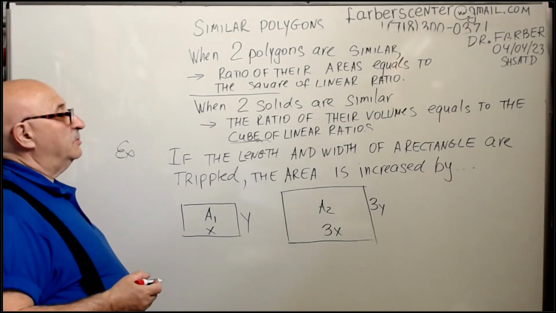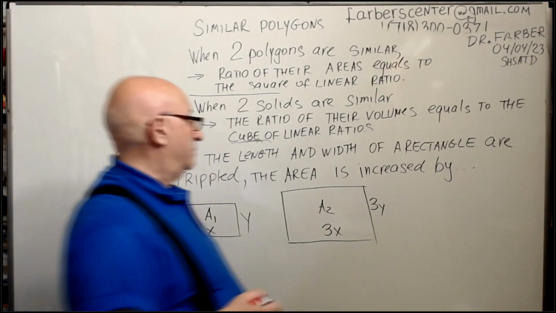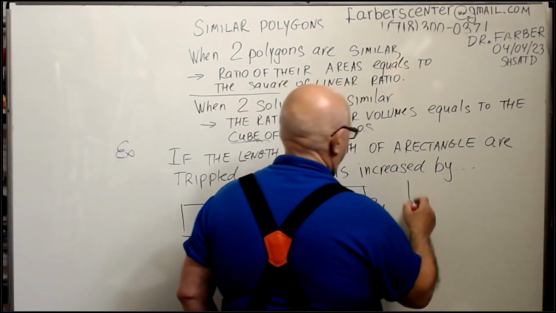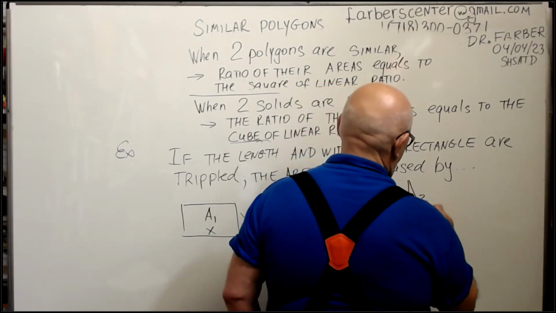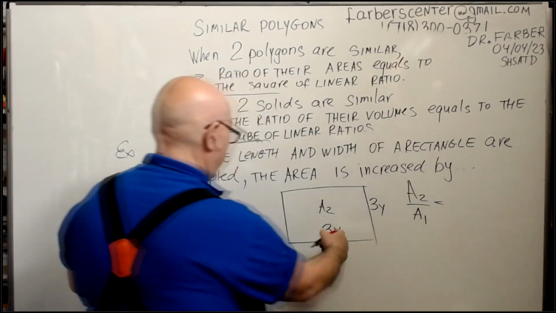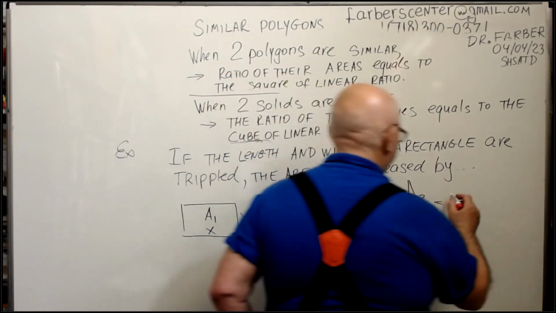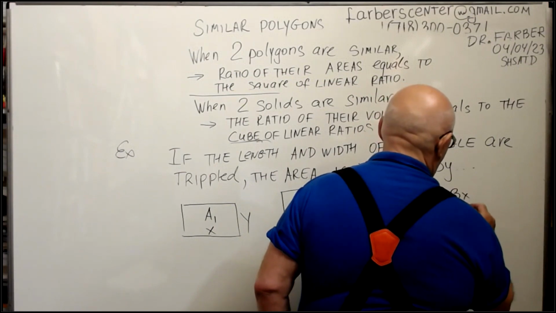Based on this, I can make a ratio A2 to A1. Take any of the sides, doesn't matter which, but the corresponding side: 3x to x, to the second power.